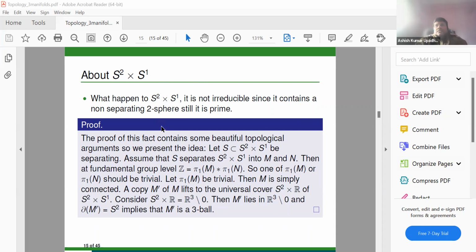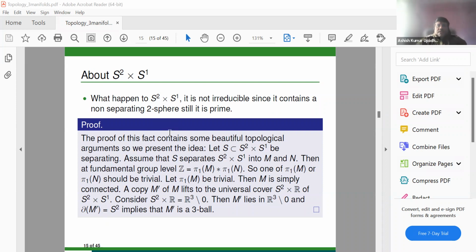Just visualize that S2 cross I is an object where at each point of I you have a sphere associated, and the two ends will also be spheres. You just glue the two ends corresponding to 0 and 1 of the closed interval. You will get S2 cross S1.